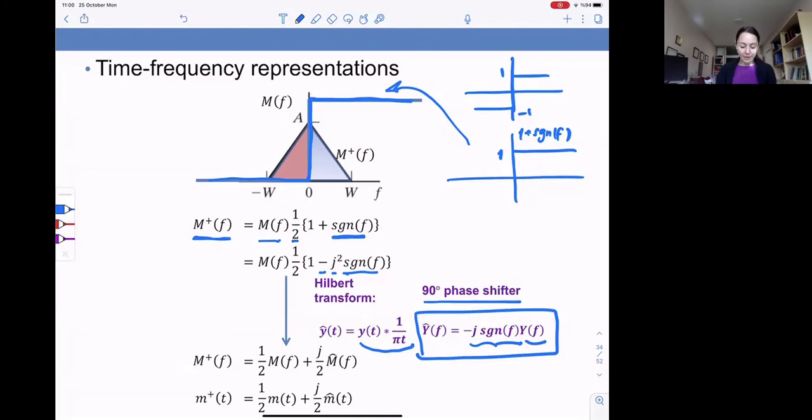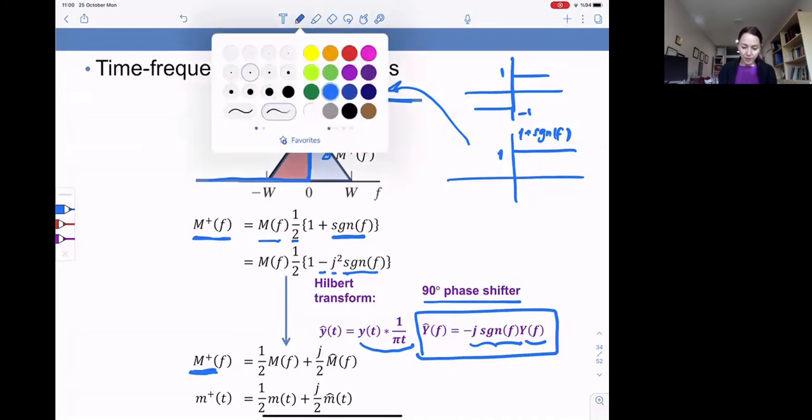Okay, so then M plus, which is the blue part, is nothing but, let me see, I'm just gonna take another pen.